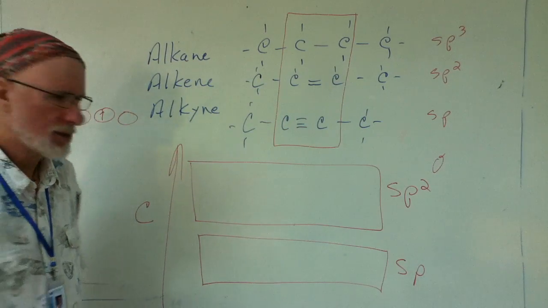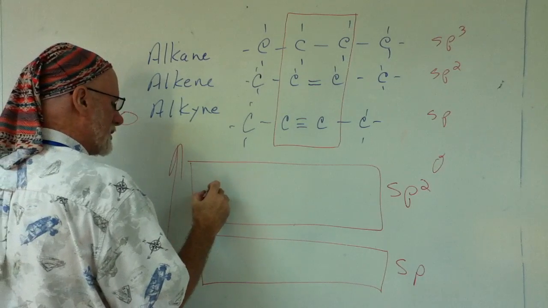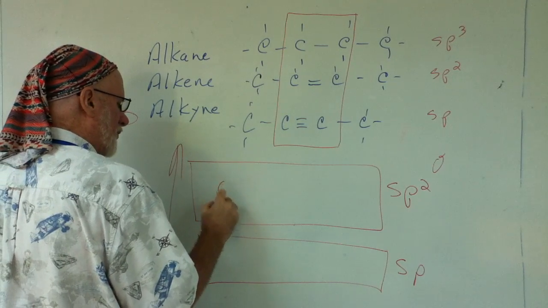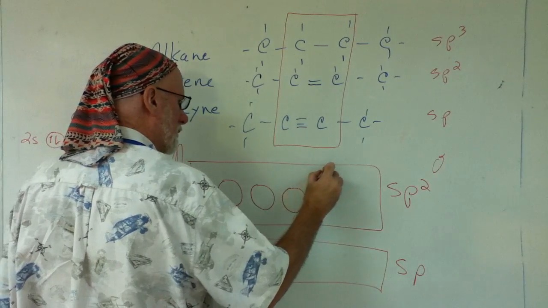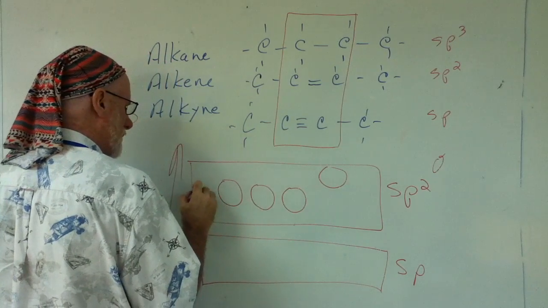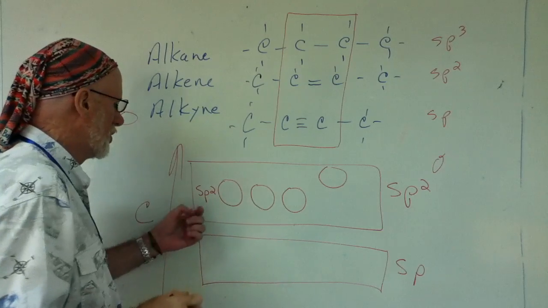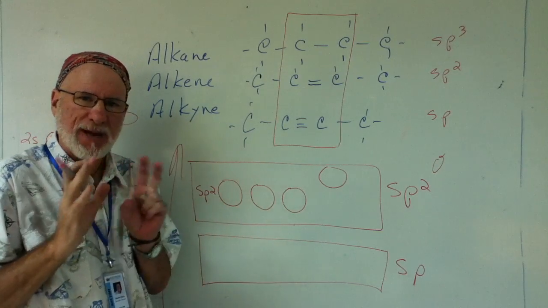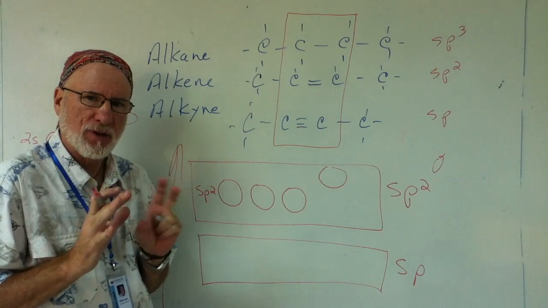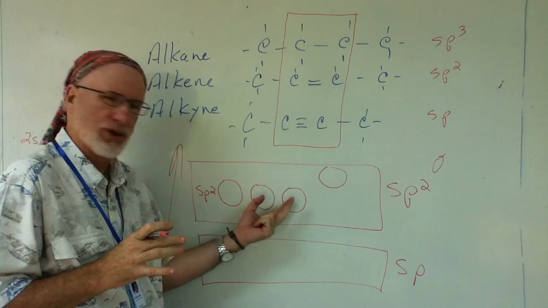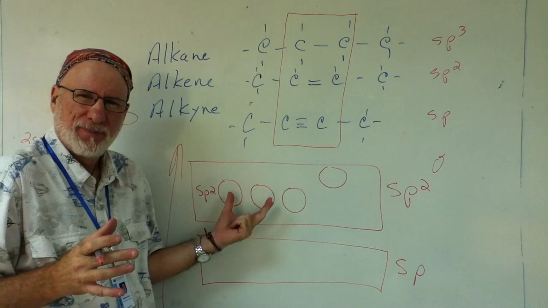Okay, so what happens is this. I form this. So this is sp2. There's three special sp orbitals, right? We call them sp2, just the name.